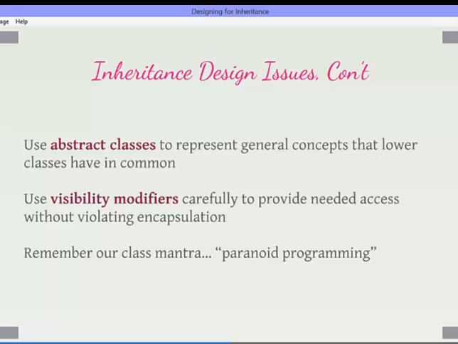This allows other classes within the family tree and project access to the member. But good style dictates that we limit using protected on an as-needed basis. Although a member may be private in the superclass, we still can inherit it. We just have to use the superclass set and get methods to use it. Remember our class mantra: paranoid programming, but also with style.